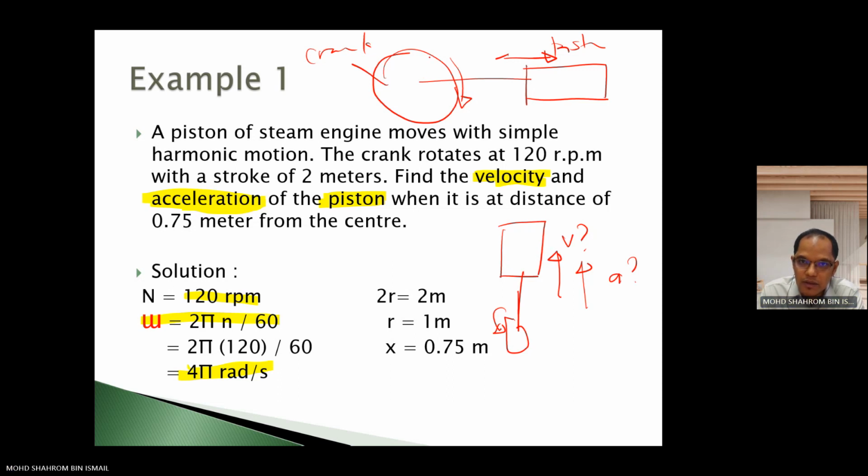That's why it has a diameter of 2 meters, because supposedly for the stroke here, it also moves 2 meters. So basically what you have here now is 2r equivalent to 2 meters, so the radius is 1 meter, and the distance is 0.75 meter.